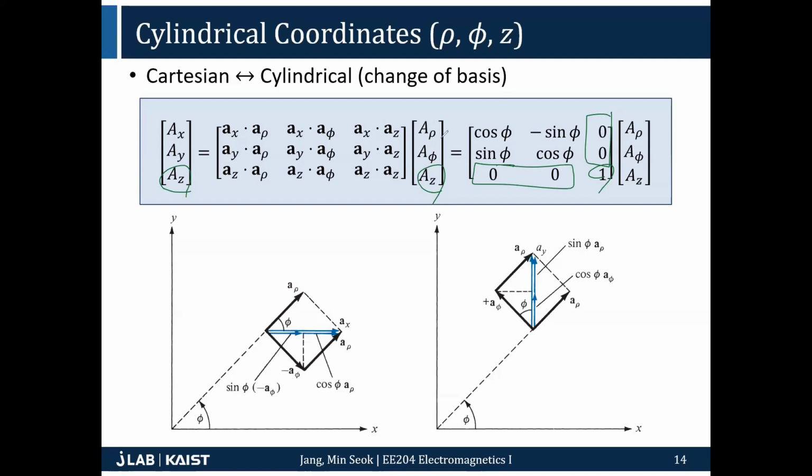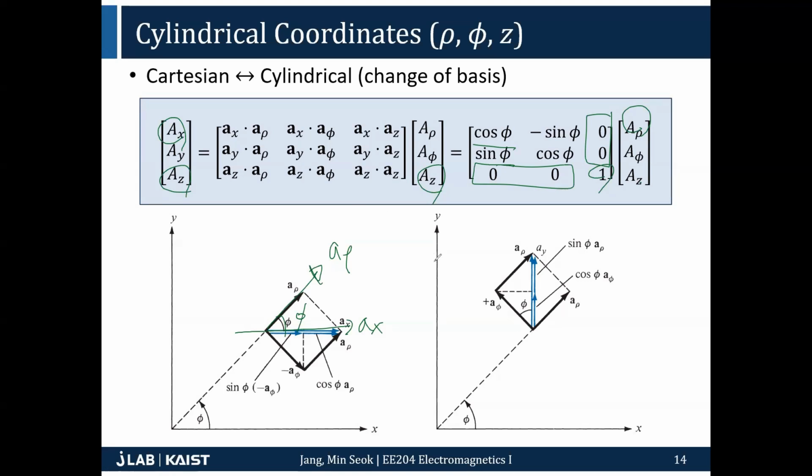And then if you think about a_rho and a_x, this is the rho direction, and this is the x direction, and the angle between these is phi, right? So if you take the inner product, it's cosine phi. Because a_rho and a_x and every a are unit vectors, all you need to figure out is the angle between these basis vectors. And then you take a cosine, that's it, right?